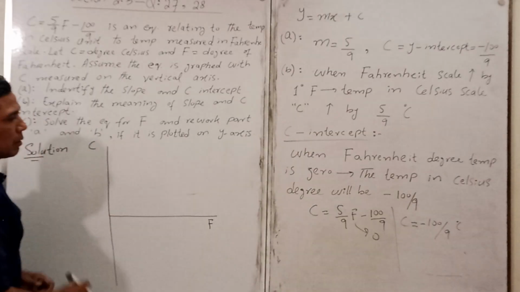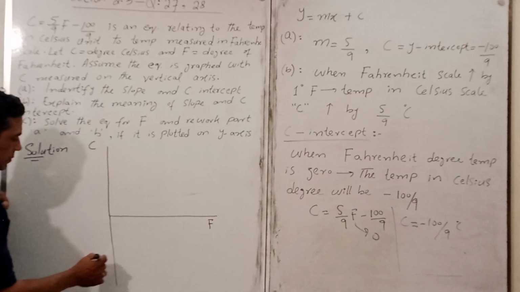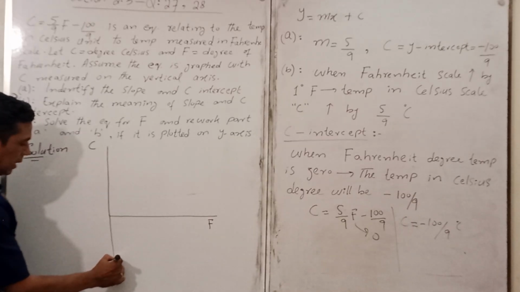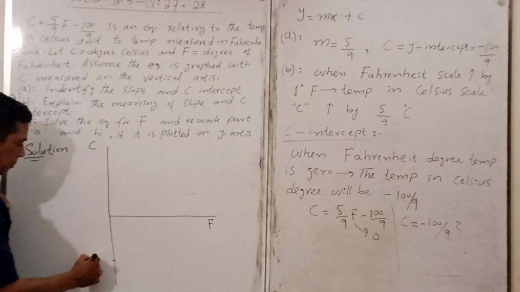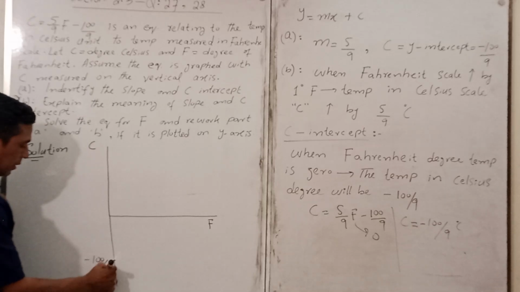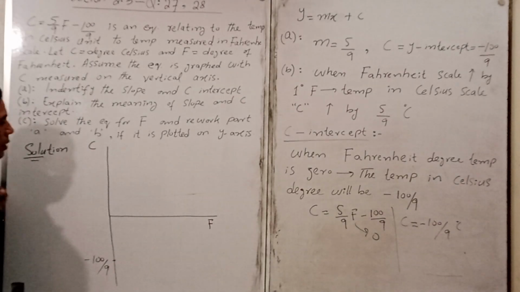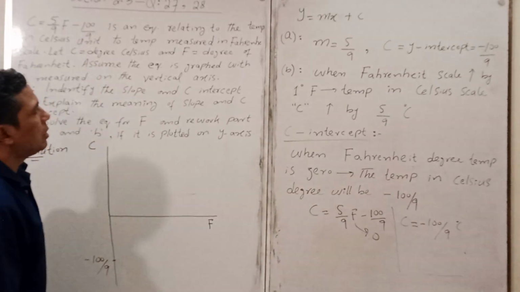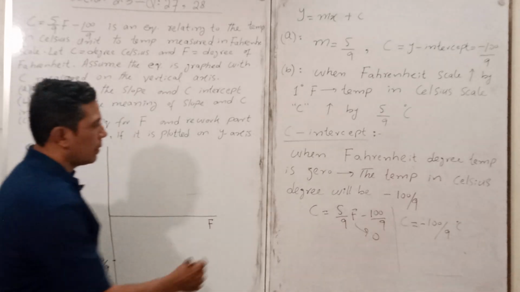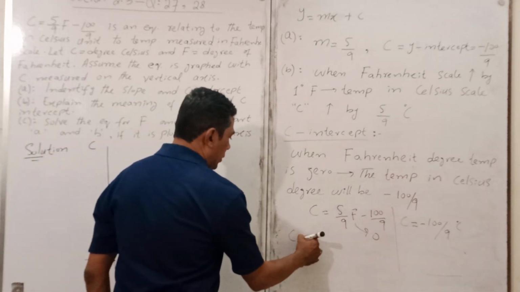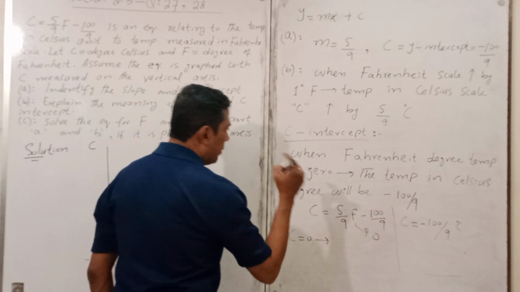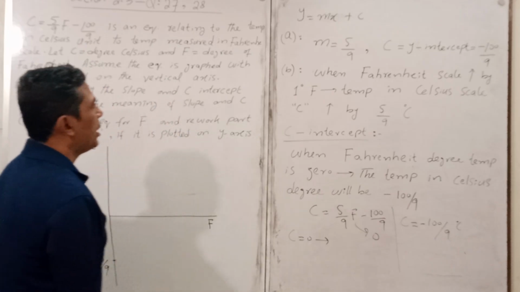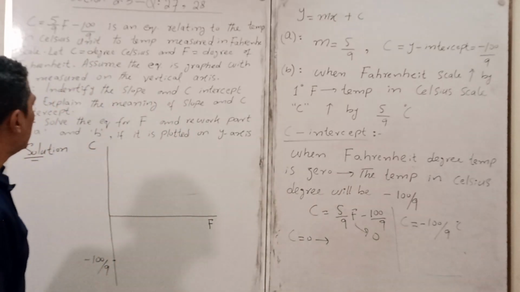Randomly I mark here, for example, roughly I am marking here minus 100 over 9. Just put the value of C equal to 0. C equal to 0. What about the F? Find out the value of F here.